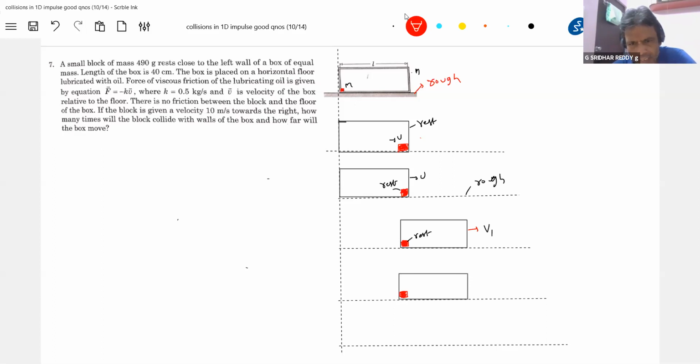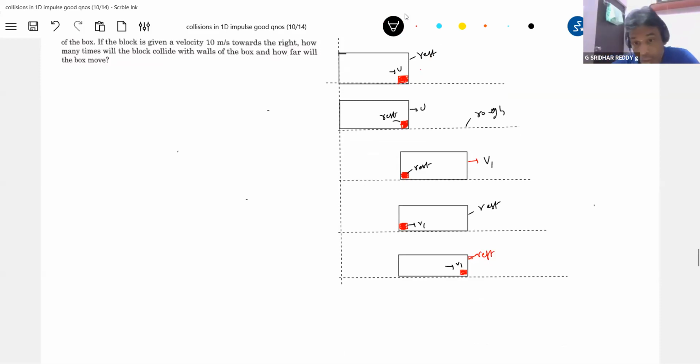How to calculate v1 we'll see, because the viscous force is varying with speed. So this will have velocity v1 and the box will come to rest. See this sequence; when you draw one or two diagrams, I think you'll come to know what to do. Now the box will be at rest, and the block is just about to collide, and it will have velocity, say v1. Now what will happen?